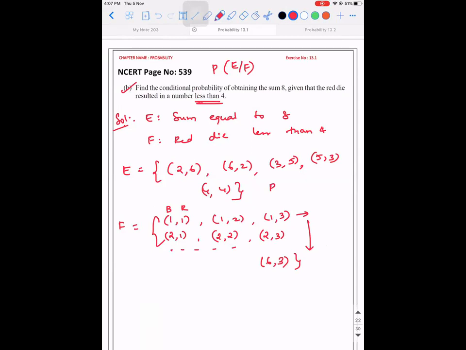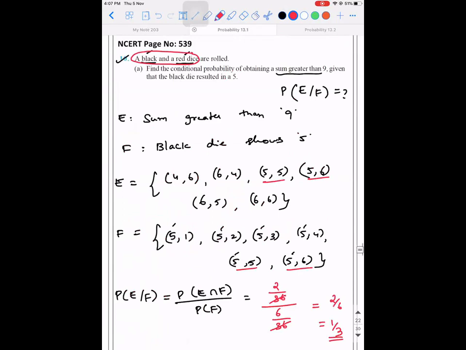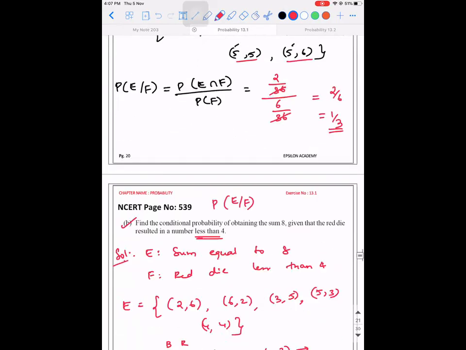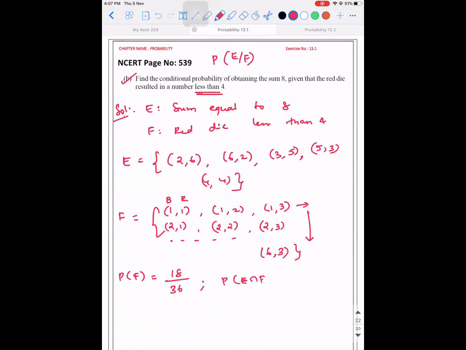Probability of E is not needed. What is the probability of F? It is 18 out of, how many dice are rolled? 2, so 36. What is the probability of E intersection F? What is common in both? 6, 2 is common. Order is important here.